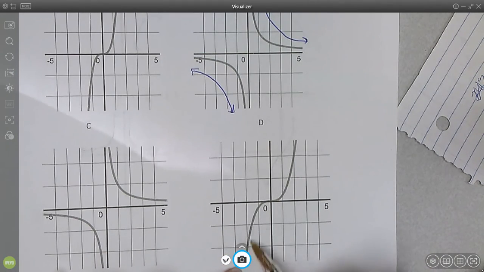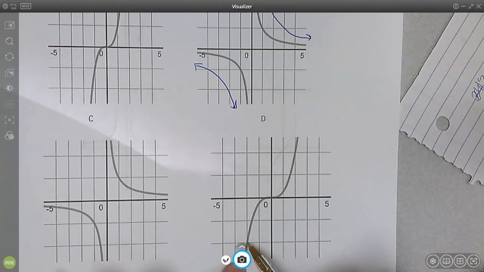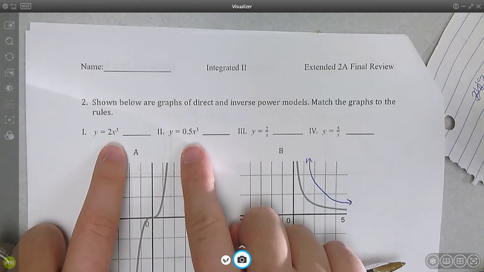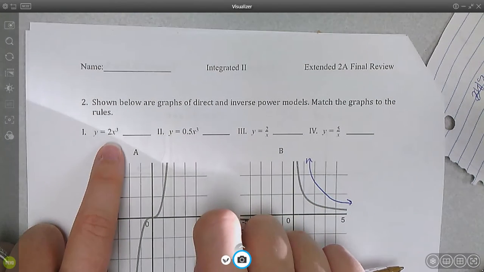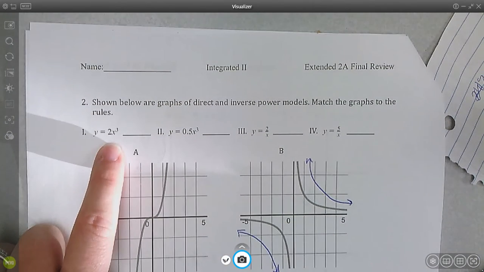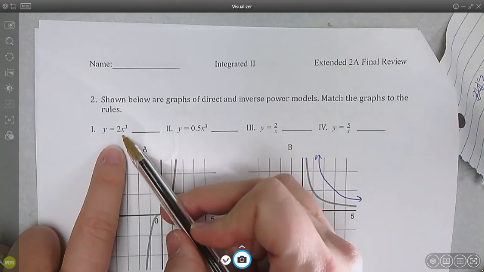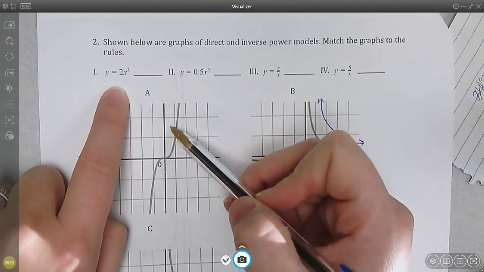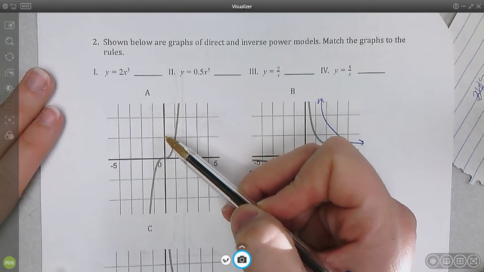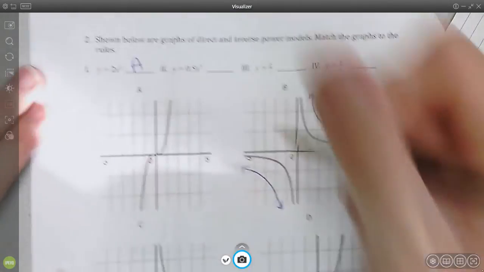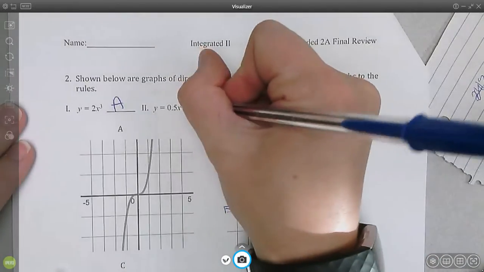So when you are dealing with graphs and functions that are not fractions, so in this case, these two are not fractions, the bigger the number is out front, the bigger the a value, the skinnier the graph. So 2 is bigger than 0.5, so it'll go with this skinnier graph here. So here's a, which means d is this one.